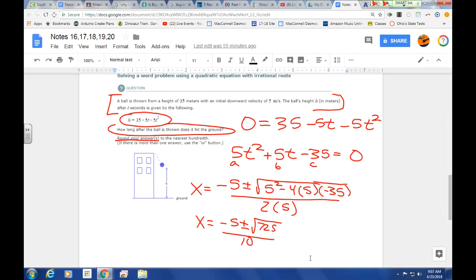Now, if you're talking about this in real life and we're trying to figure out this throwing an object off a building, and you tell someone, oh, it's going to hit the ground at 5 plus or minus square root of 725, like, no, they want to know just one decimal, okay? So now we gotta figure this out. And we gotta come up with both answers.